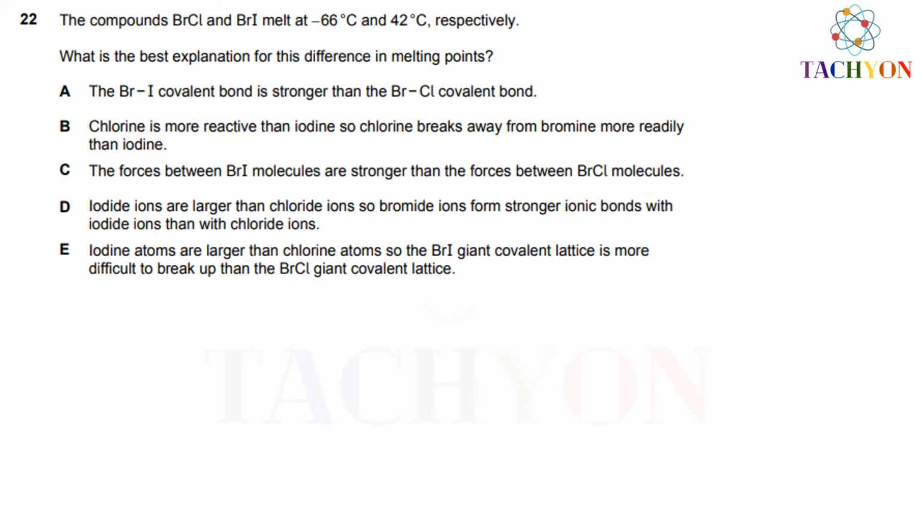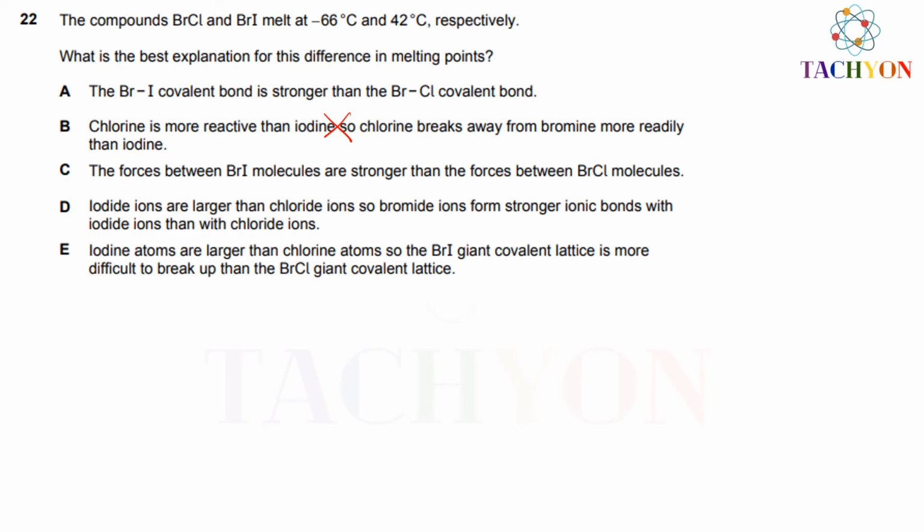Chlorine is more reactive, that is true, than iodine. So chlorine breaks away from bromine more readily than iodine. But that reactivity does not have any relation with the melting point. Melting point is actually related with the strength of the molecular forces. The forces between BrI molecules are stronger than the forces between BrCl molecules.